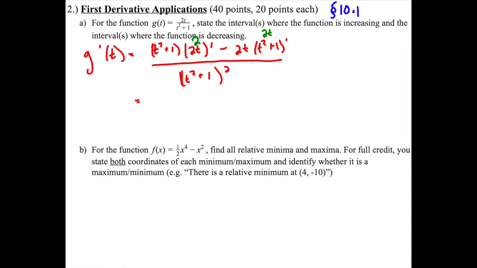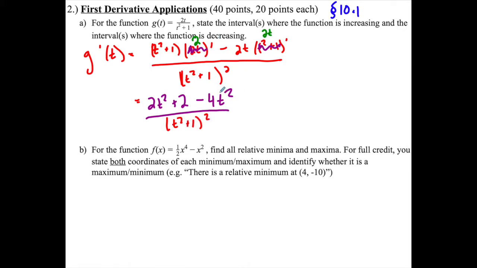Okay, so if I do this distribution, what I get is distribute 2t squared plus 2 minus, so I do this, distribute the 2t to the 2t. So maybe I'll cross this out so it doesn't get too confusing. Minus 4t squared all over the original t squared plus 1 squared.